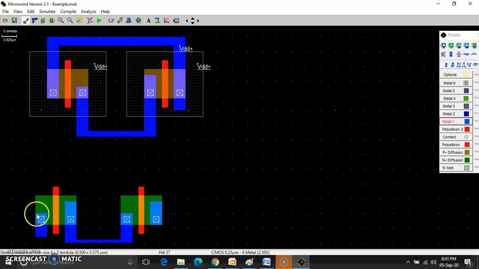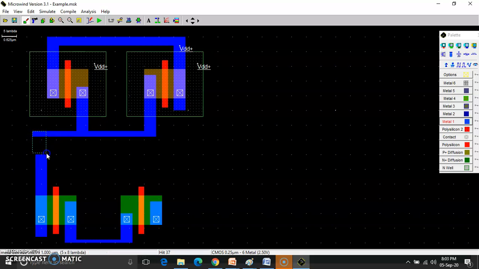Now this is my source drain, source drain, or we can say source drain source drain. Now suppose I am considering this as a drain, so I need to stretch it like this, and I need to connect this with this particular connection because I need to take out the output.